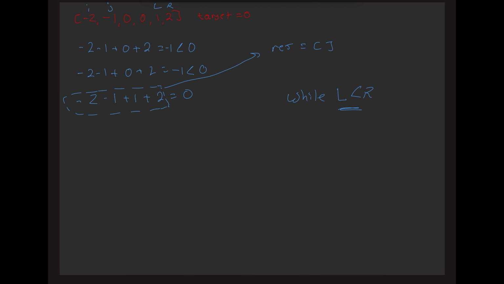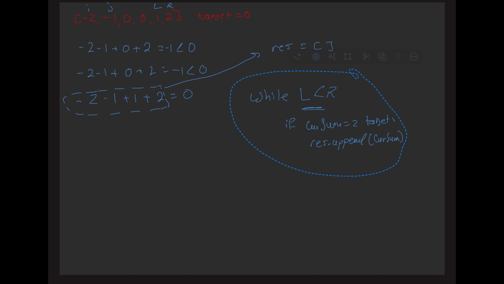So if current sum is equal to the target, we're going to append. I'm skipping here a little bit just to go over this, but I'm sure you're getting the idea here of current sum. I'm going to highlight this so I can relocate it here.